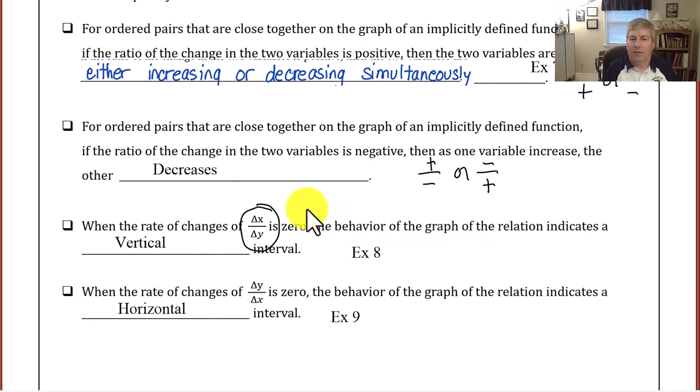So it's not slope, it's the reciprocal of slope. So that is going to be 0. Whereas when the rate of change in y over x is 0, well, that's our normal slope, and that will be a horizontal line, as we saw in example 9.